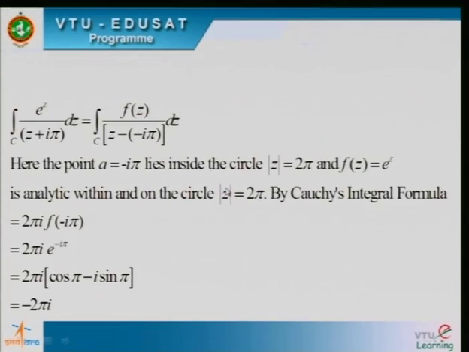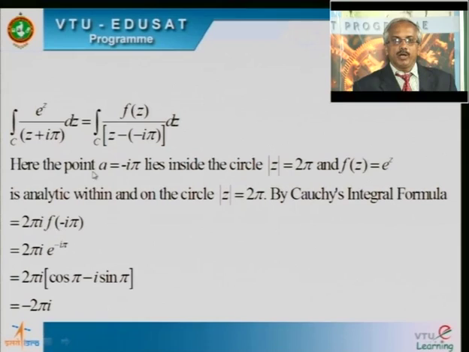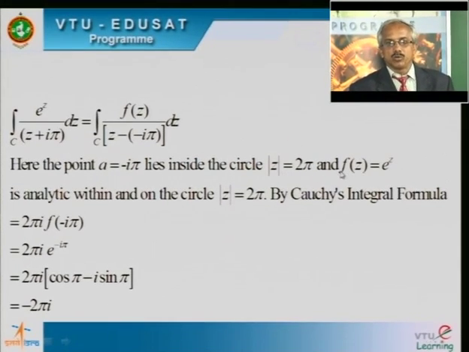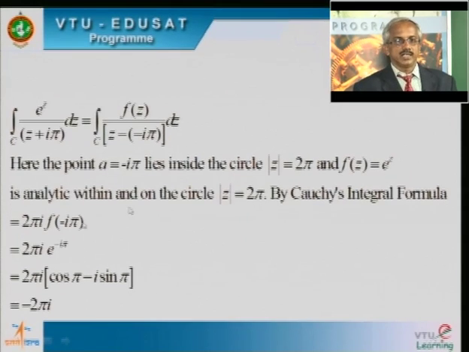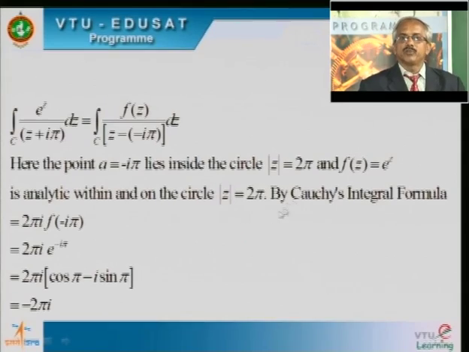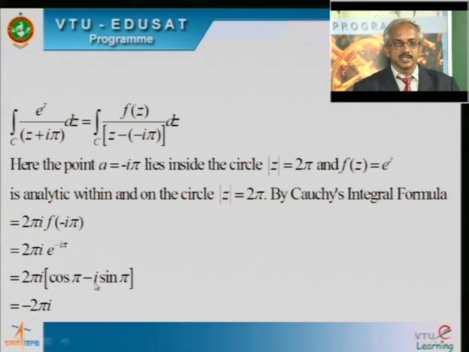So now I got minus 2 pi i. Here the point a, minus i pi, lies inside the circle mod z is equal to 2 pi, and f of z is equal to e power z is analytic within and on the circle mod z is equal to 2 pi. Therefore Cauchy's integral formula follows this result.